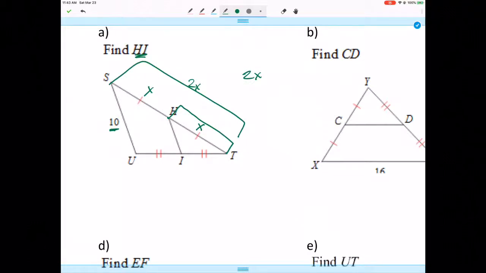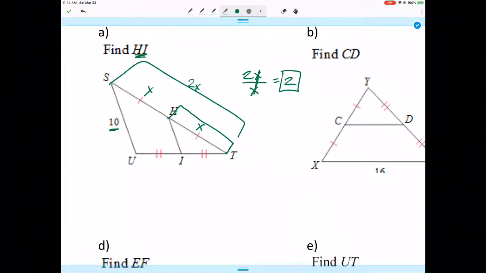X plus x is our long side, and our small side is a small x. Cancel those x's, and that just gives you 2. So that is our growth factor. Maybe that makes a little more sense. So we multiply by 2 to give us the larger side.